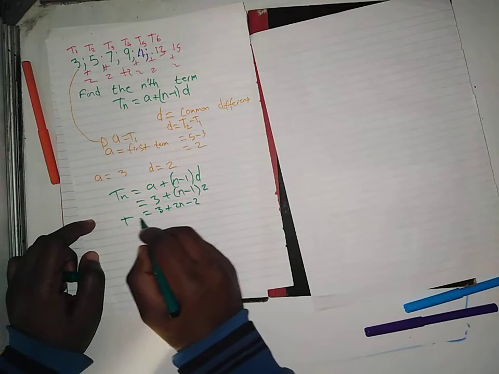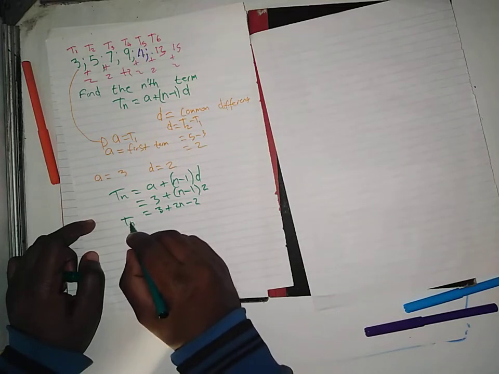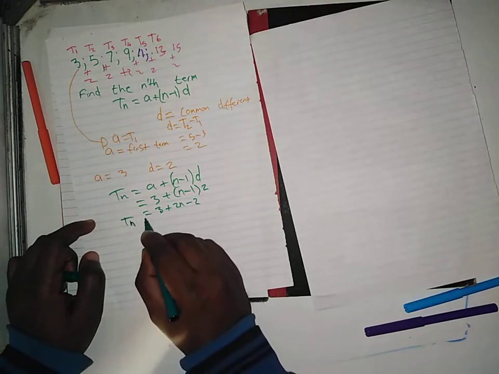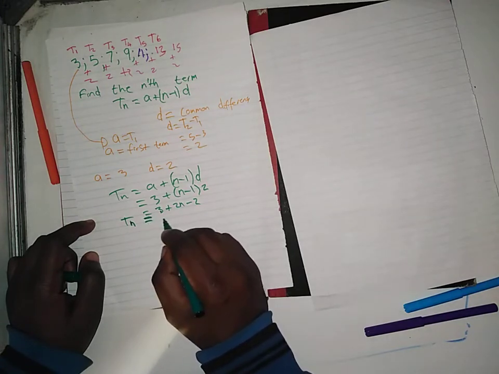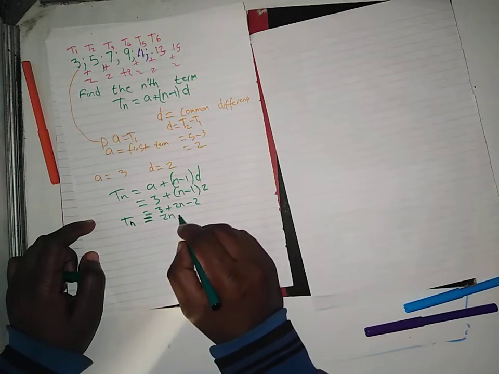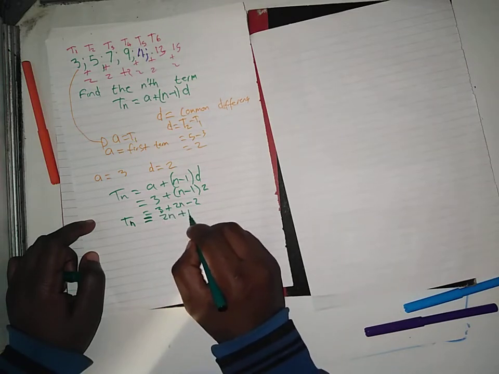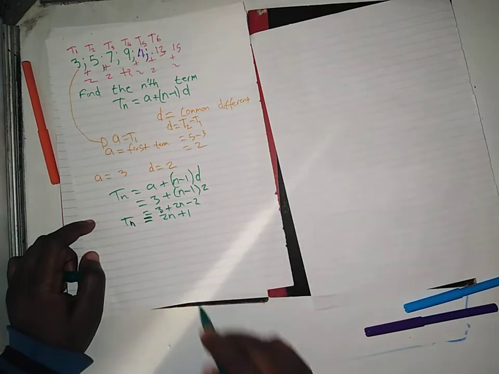So your general equation, or your nth term, is going to be Tn is equal to 2n plus 1. Where do we get 1 from? It is 3 minus 2.